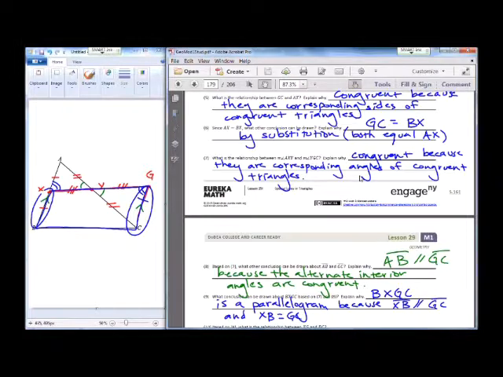And because BXGC is a parallelogram, that also means that this segment must be parallel to this segment because that's how we define a parallelogram. And what that means is that segment XY, or the midsegment, must be parallel to segment BC, the third side. And I'll box that because that is one thing we were asked to prove, that the midsegment is parallel to the third side.